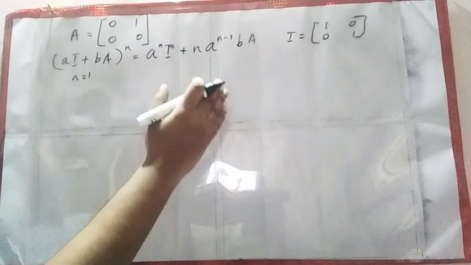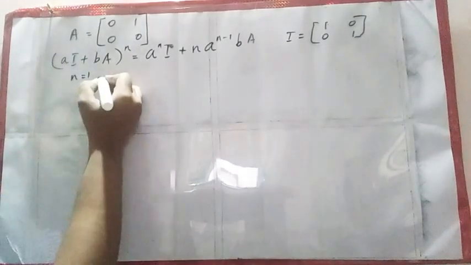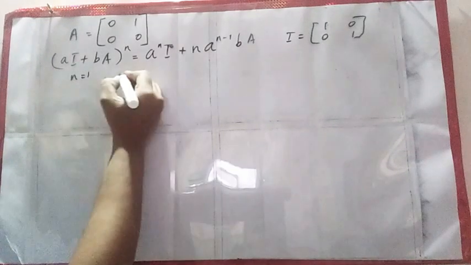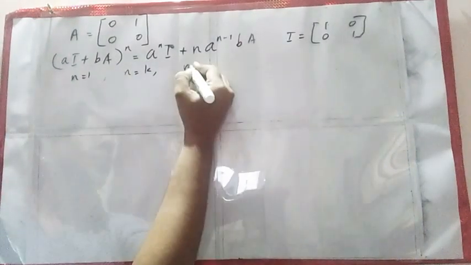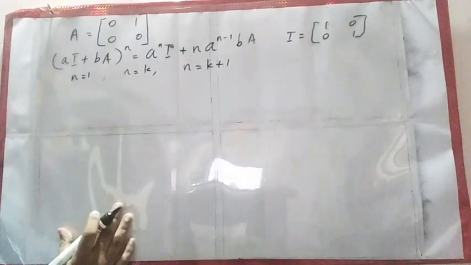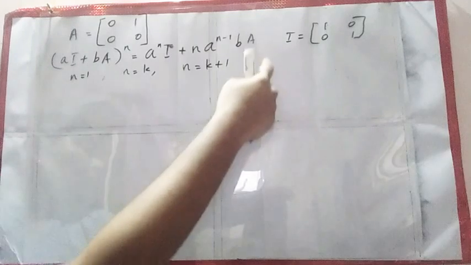First we prove the result for n equal to 1. Then we assume that the result is true for n equal to k. Then we show that the result is true for n equal to k plus 1. If all this is proven, then we can say that the result is true for every positive integer n.